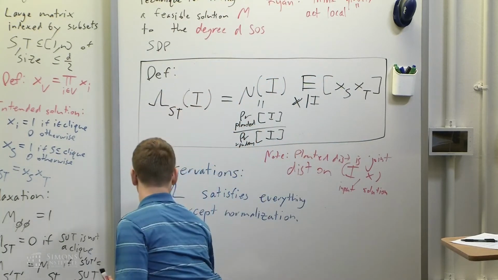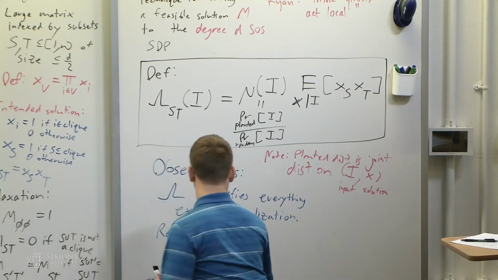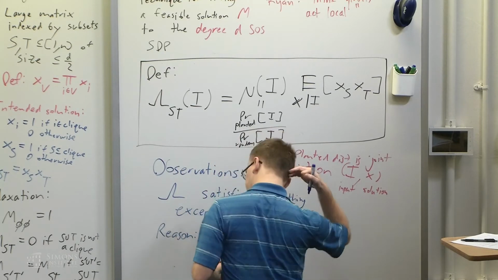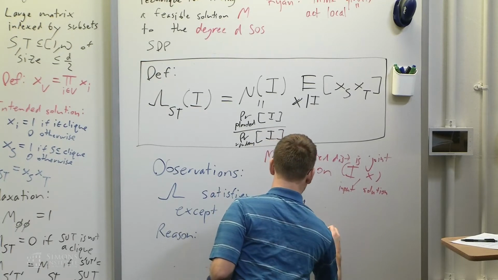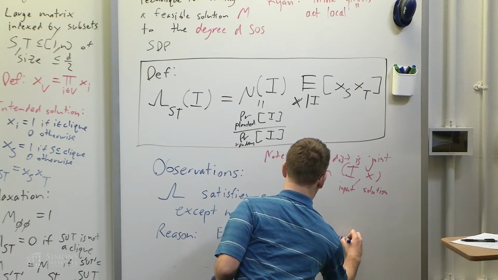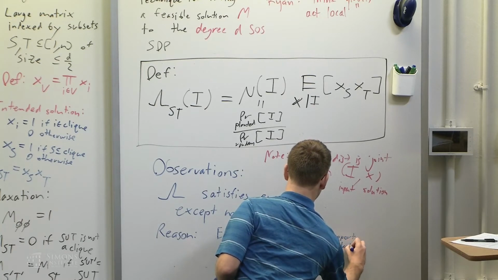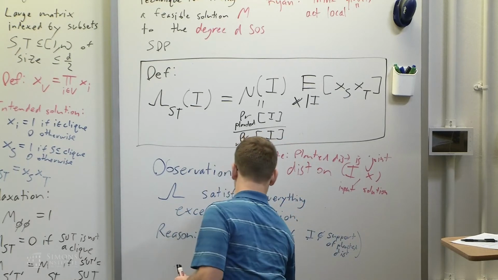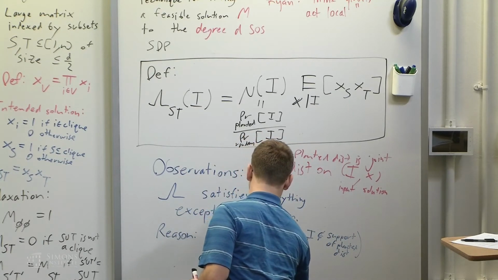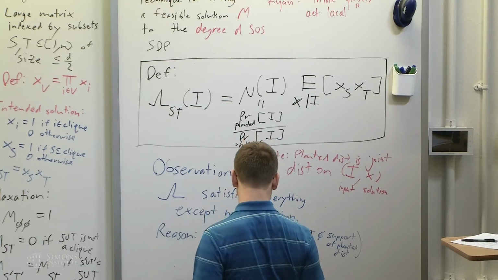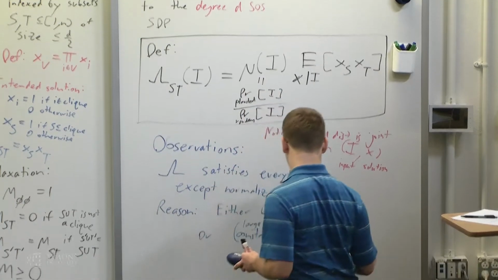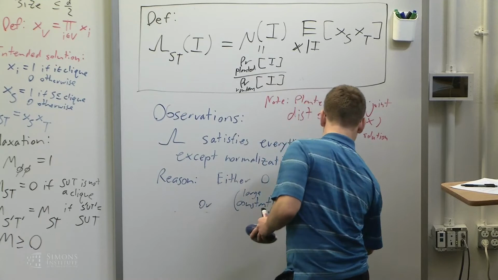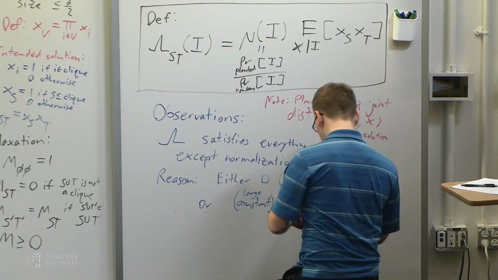The reason is that it's either 0 if the input is not in the planted distribution, or it's a large constant, a very large constant, times a distribution over actual solutions, like actual intended solutions.